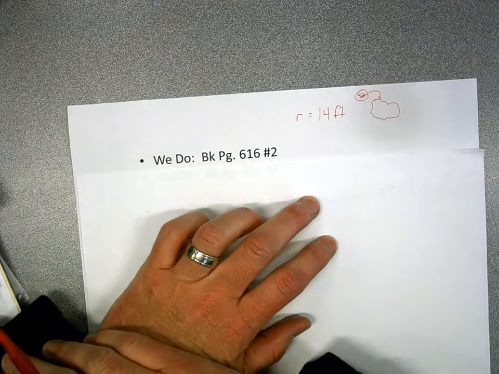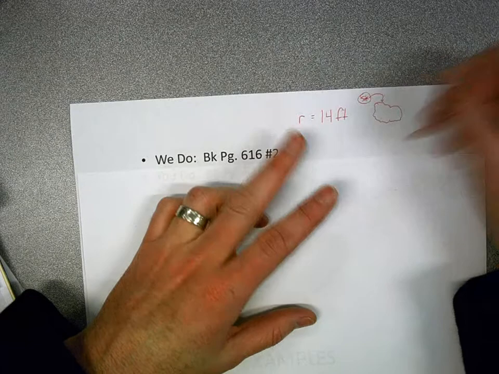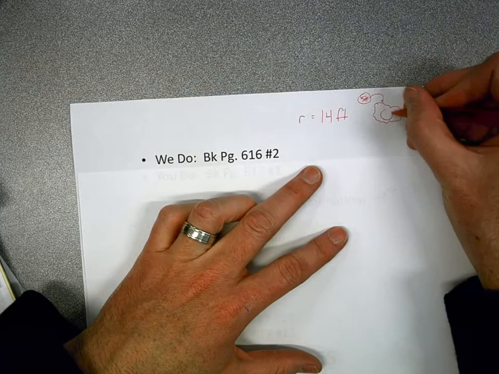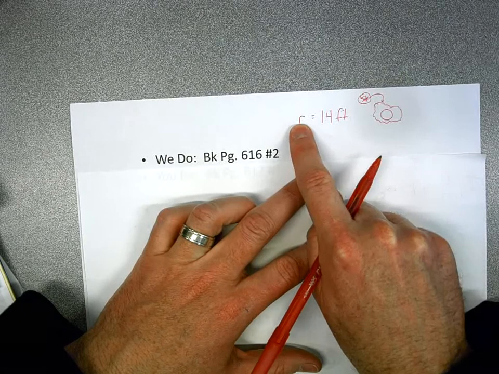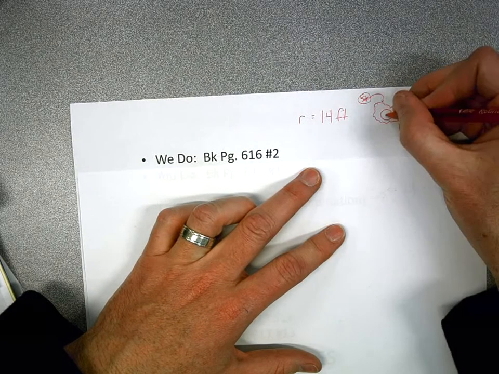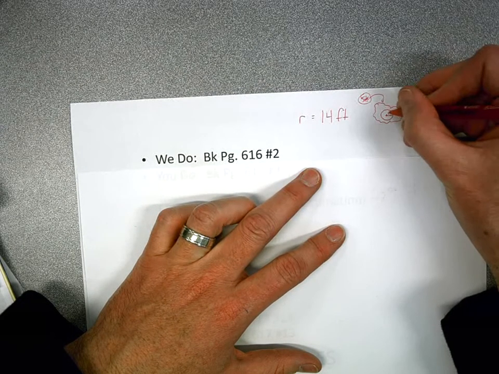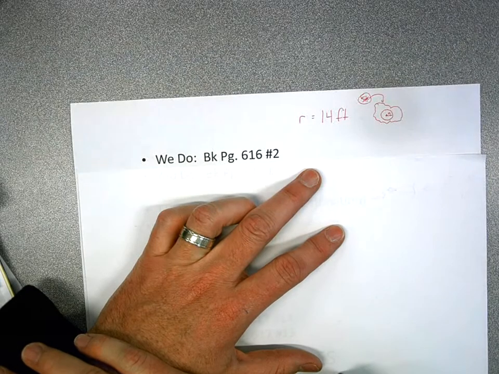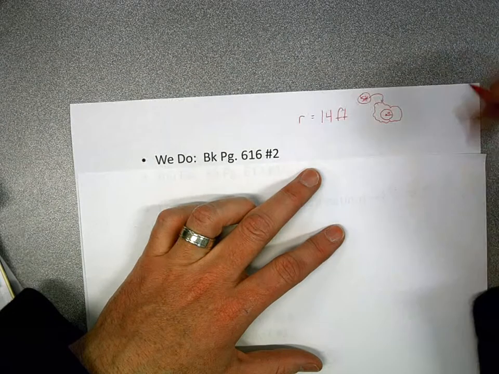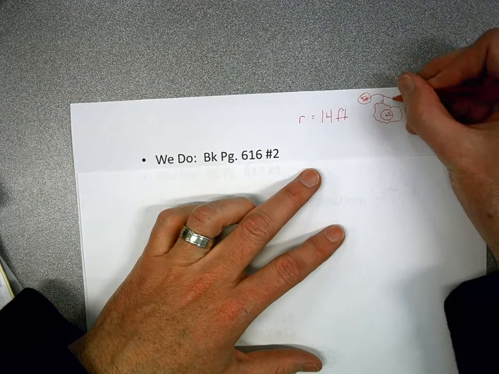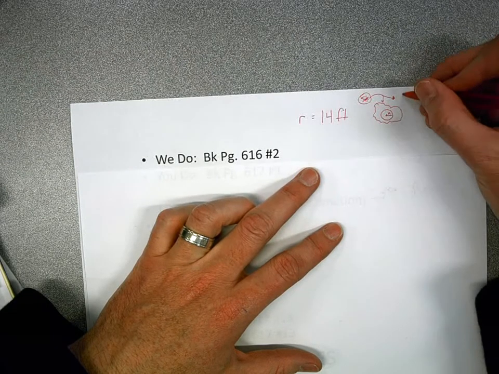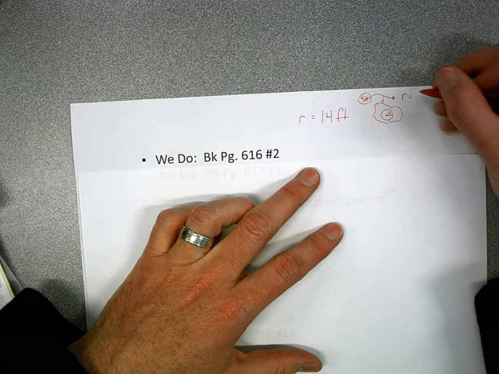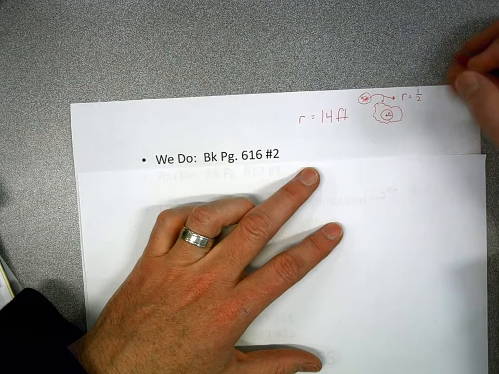In here, here's what you definitely need to think about. Think about what exactly that is saying. It is saying that the radius, be careful, radius and diameter are two different things. The radius is 14 feet. Now also remember what we talked about earlier, that the radius is the same as 1/2 of the diameter.